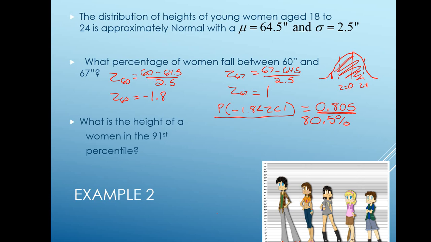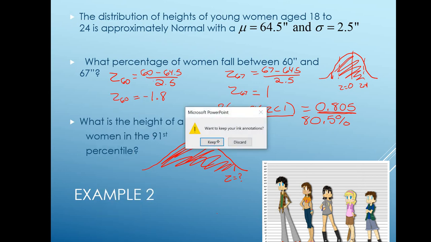All right, and lastly, we have what is the height of a woman in the 91st percentile? So that is if we're over here and this area is 0.91. So we're going to get a Z value, and then we're going to work backwards and find the actual. All right, so this is going to be your inverse norm.